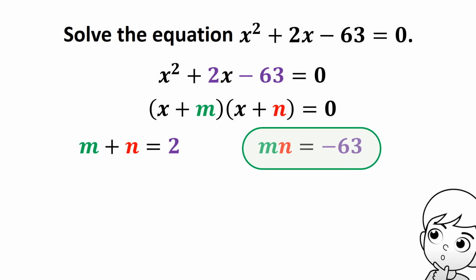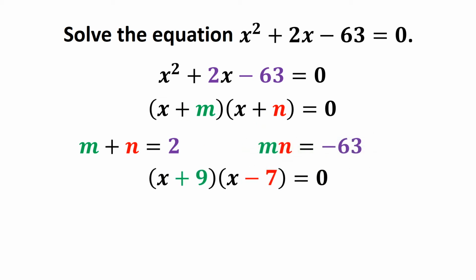Now, think of two integers whose product is negative 63 and whose sum is 2. These integers are 9 and negative 7, which gives us quantity x plus 9 times quantity x minus 7 is equal to 0.